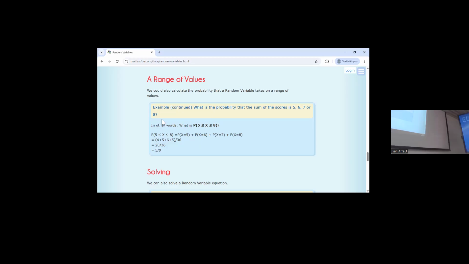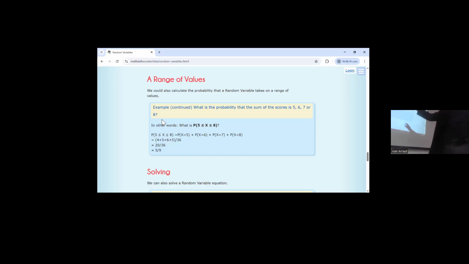So in other words, if I do this, x equal 2, 3, until 12, this is 1, because it is the sum of all the probabilities.